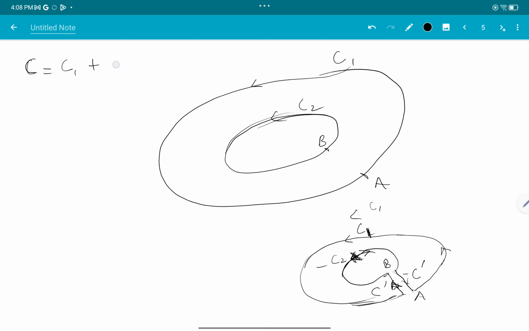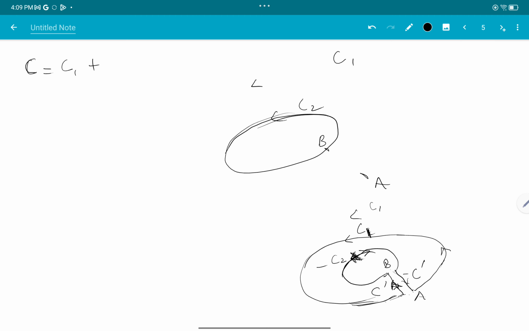So we go with C1 up to this, then C dash, then after C dash we have minus C2, and lastly minus C dash, and the sum is equal to 0.